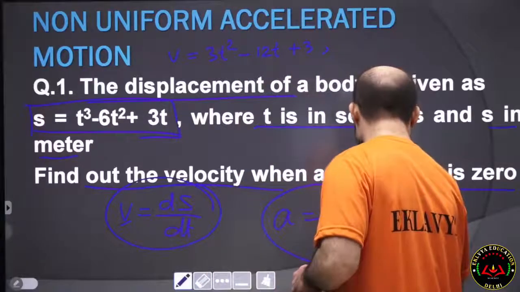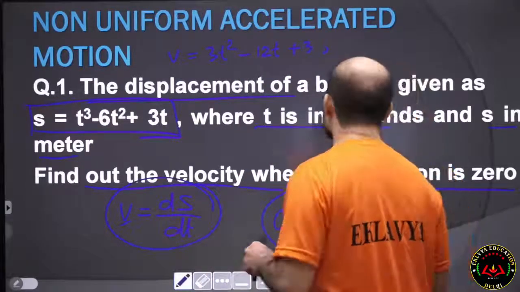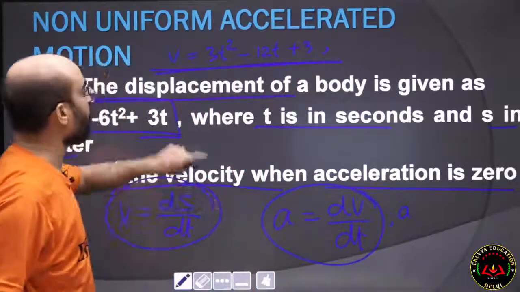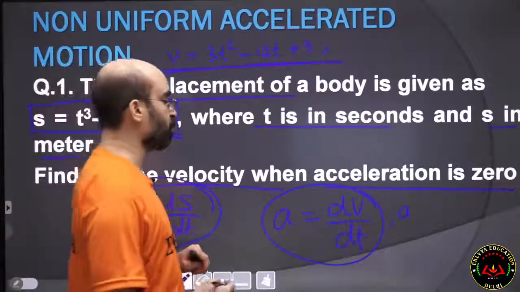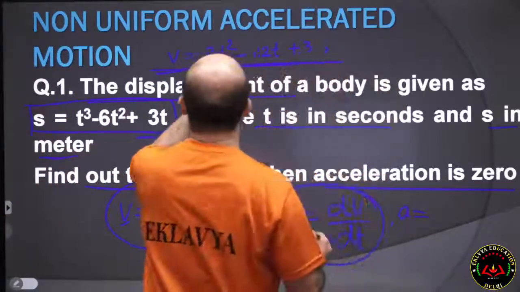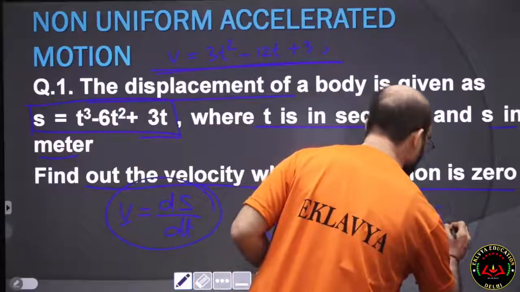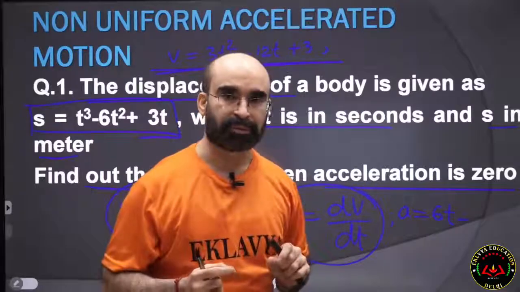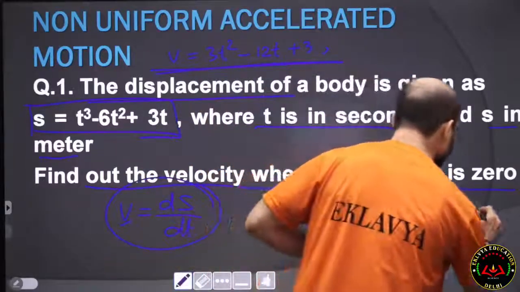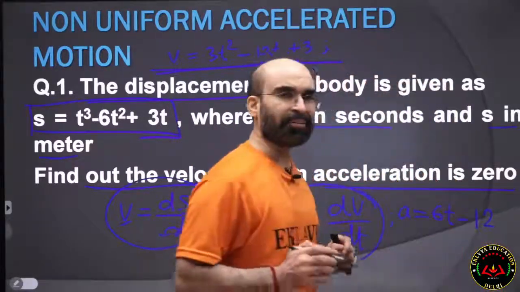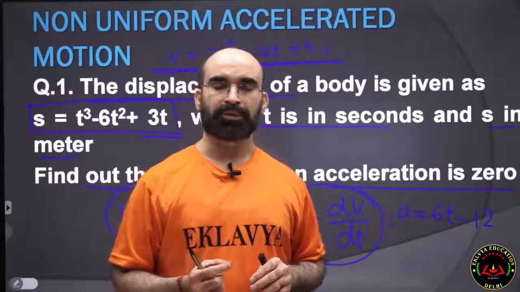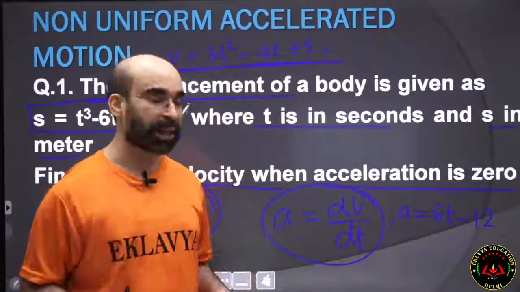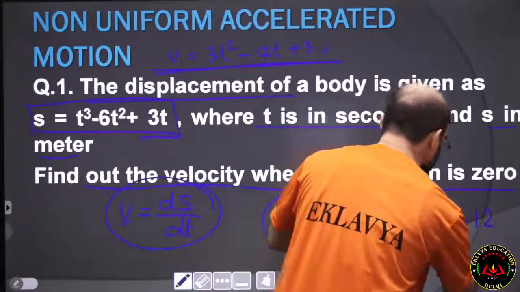Acceleration would be dv by dt. Now once again differentiate this velocity with respect to time. So acceleration is going to be 6t minus 12. We have done enough differentiation, and I am sure you would be able to get this result quickly.